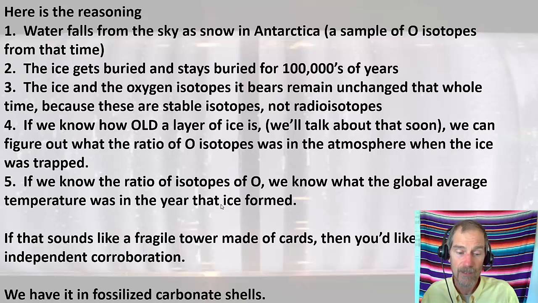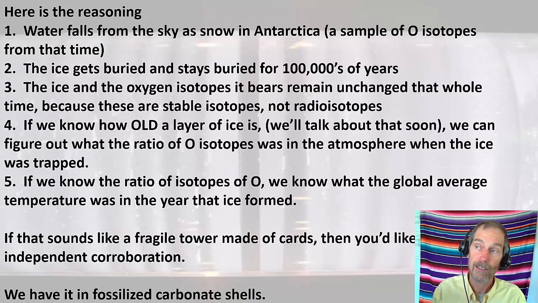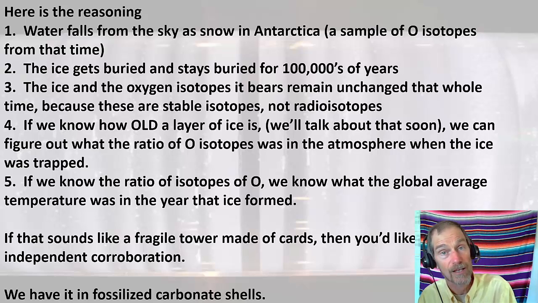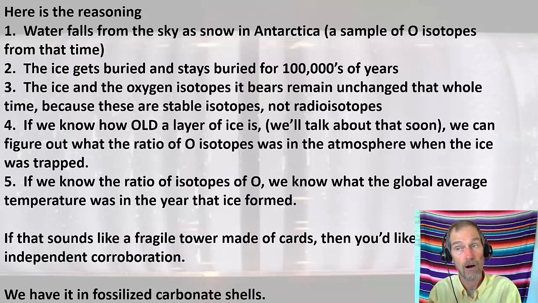We have it in the study of fossilized carbonate shells. I'm not going to go over that; you're welcome to look into that on your own if you want. But basically, shells of things that live in seabeds, like in marshes, so clam shells and so forth, are made of carbonate. And carbonate incorporates water. Very frequently carbonates accumulate from all the shells that pile up, and those become rock.